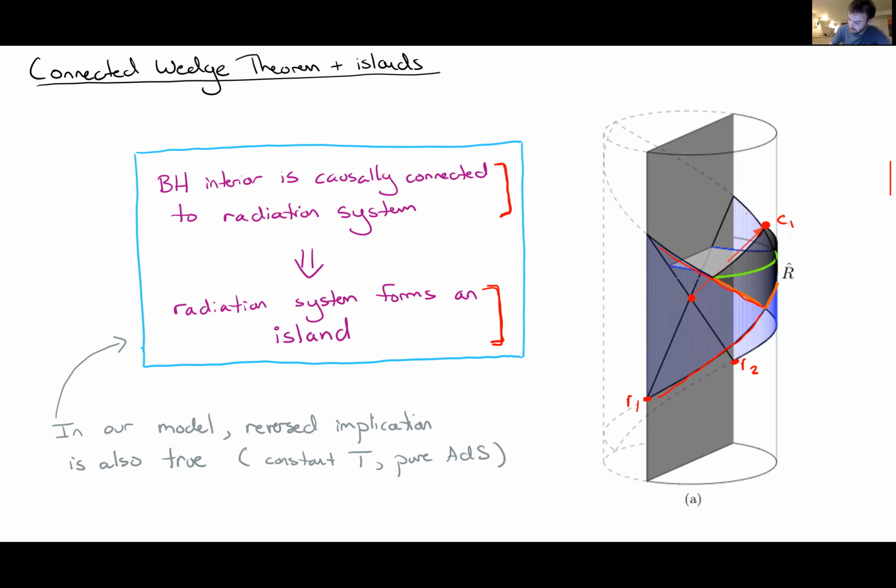It's a bit of an illusion though, because this diamond on the boundary I can think of as defined by this time slice, but I could also think of it as defined by this time slice, or the one where I push all the way back to here. So you should really think of this radiation system as living at scri plus of the CFT. It's at null infinity.